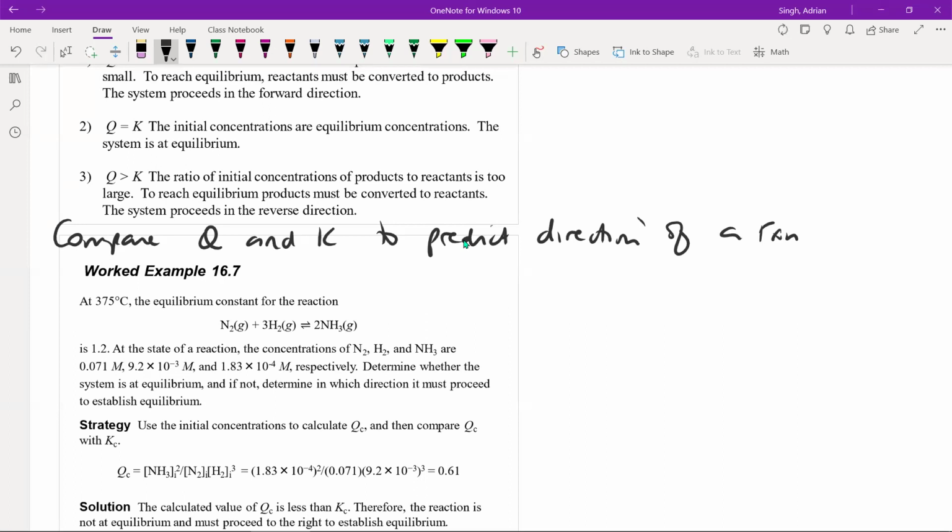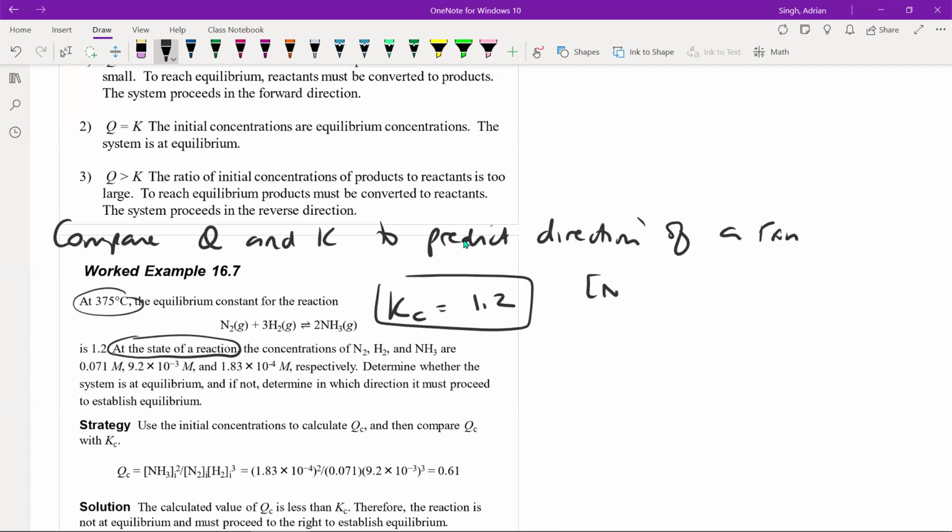So we have this problem here. It says at 375 degrees Celsius, the equilibrium constant for this reaction, Kc, is 1.2. At a particular point in time, the concentrations of the N2, H2, and NH3 are as follows.